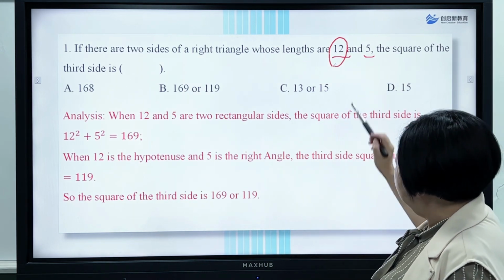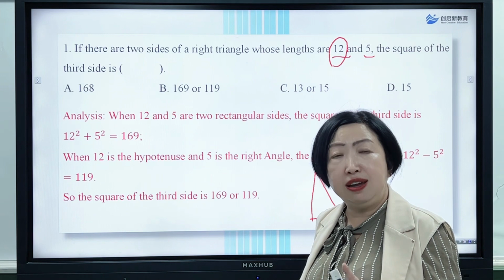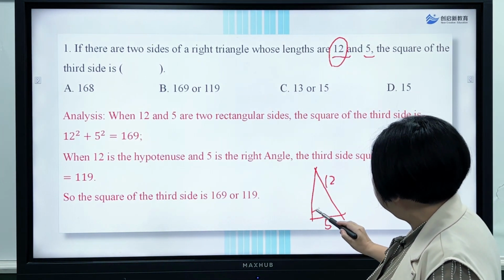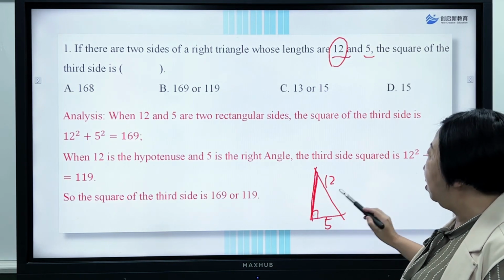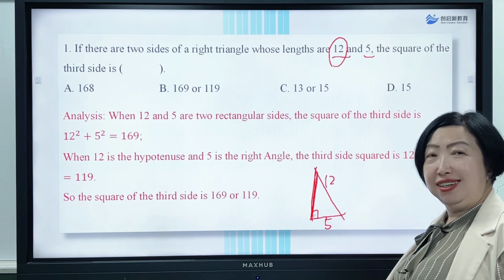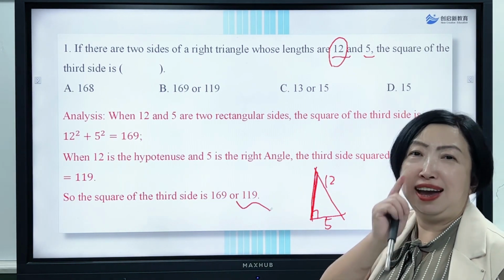If 12 is the length of the hypotenuse, and here is 5, here is what? Of course, the square of 12 minus the square of 5 equals 119.